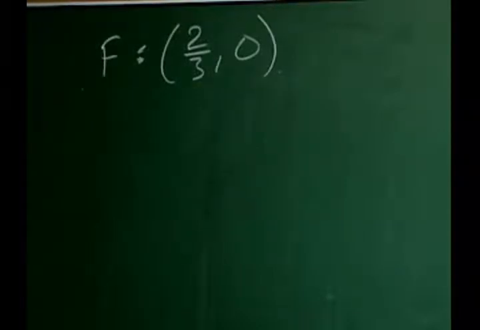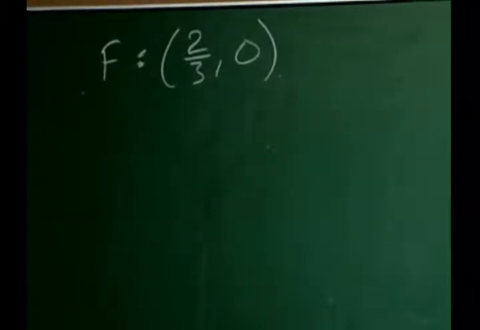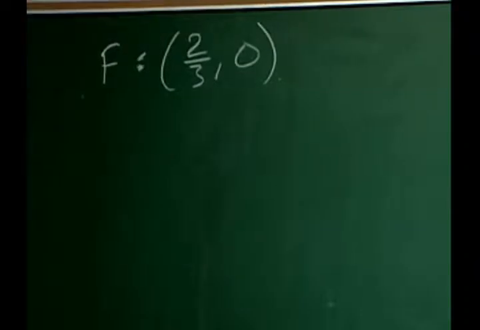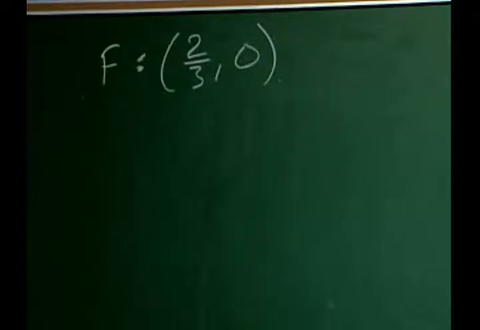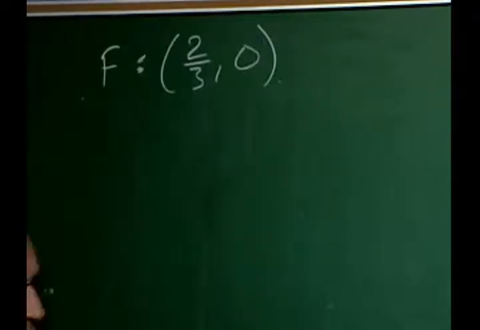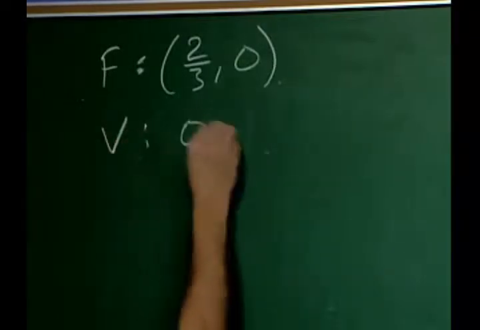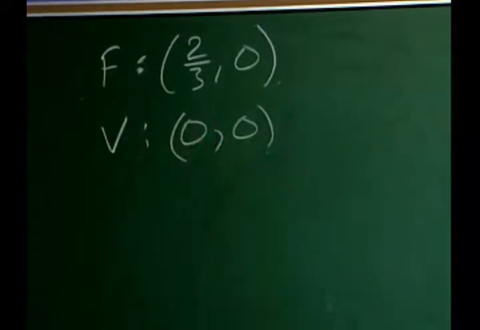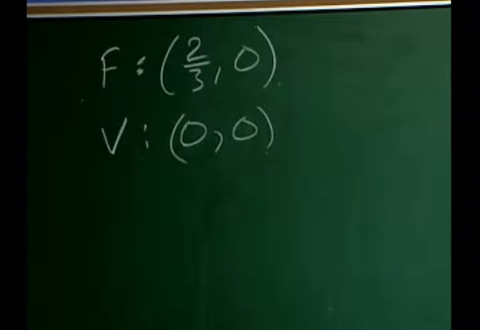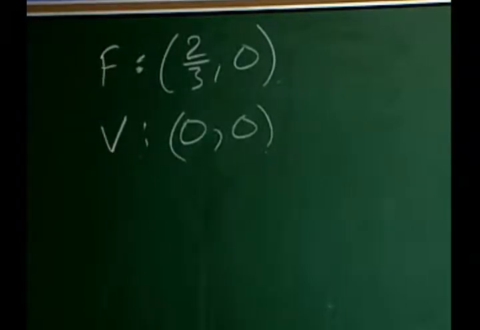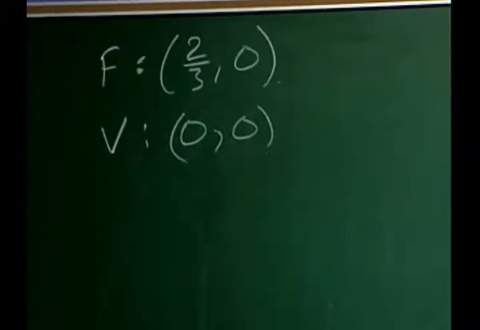It opens to the right because the focus is to the right of the vertex, and that's what tells us that it would open to the right. The vertex, remember, is the origin, which is (0, 0). Okay, so the axis for the parabola will then be the x-axis.